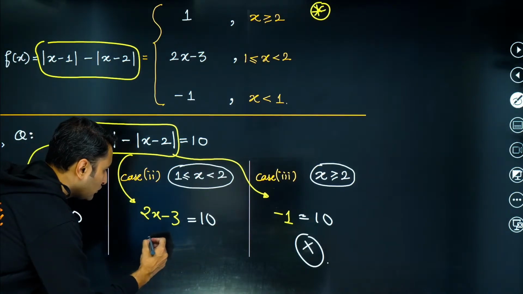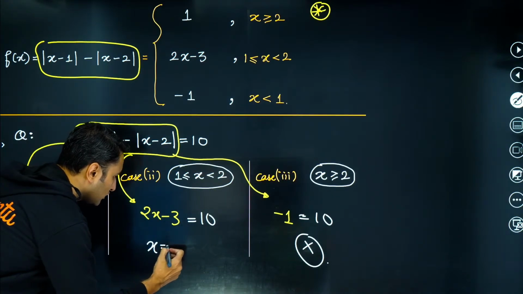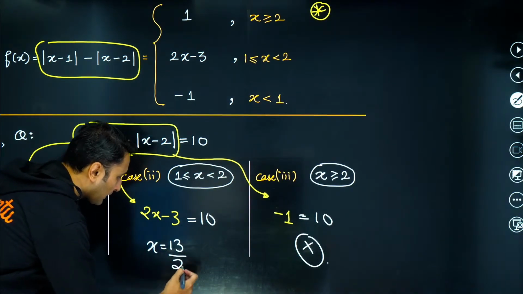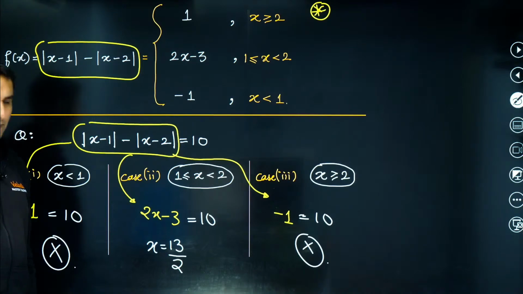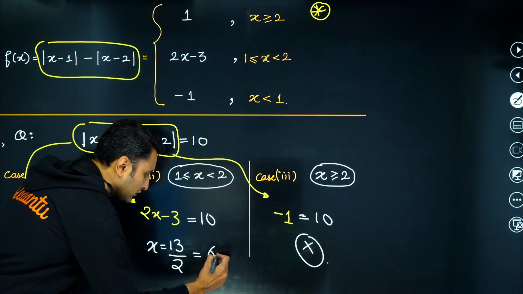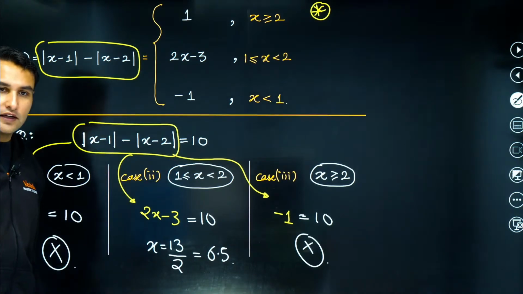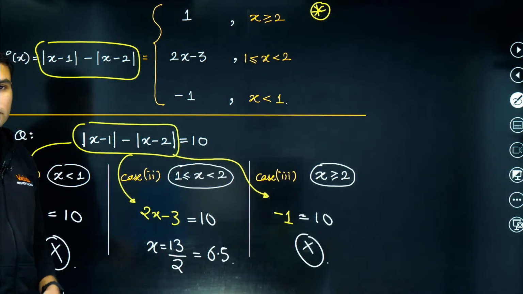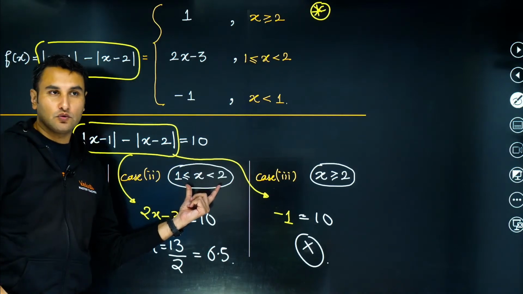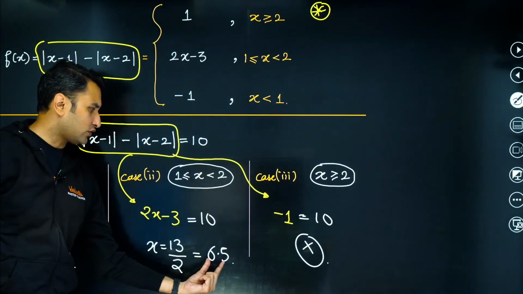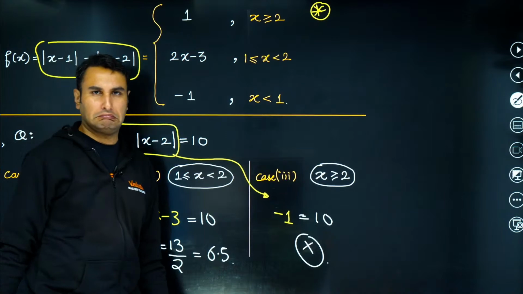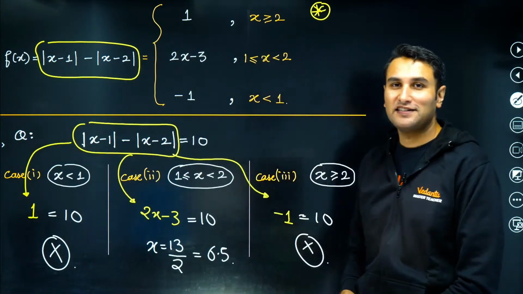So 2x is equal to 13, x is equal to 13 by 2, or 6.5. But there is a conflict. This we solved for x lying between 1 and 2. Answer is x equal to 6.5. No, it doesn't make any sense.